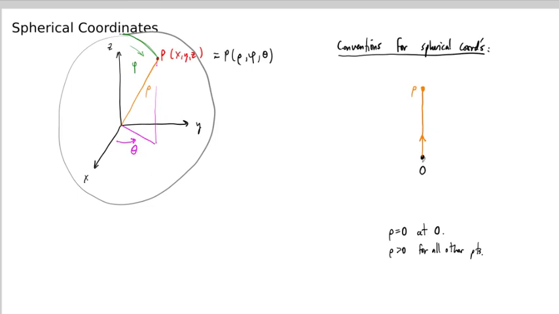Once we have traced out this length rho, this determines a sphere of radius rho. So this determines the radius of the sphere that our point lies on. And from this point, now we're kind of at the north pole of our sphere. Now we need to rotate around and get to the point that we care about.